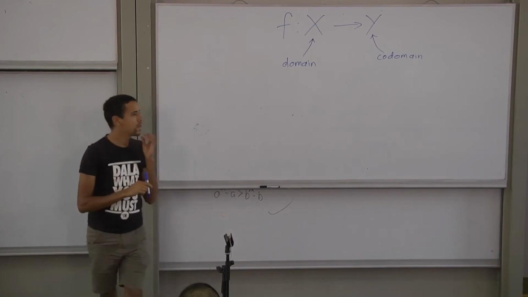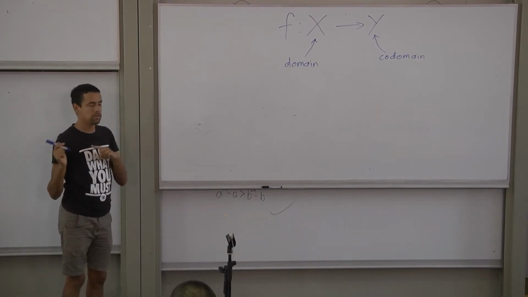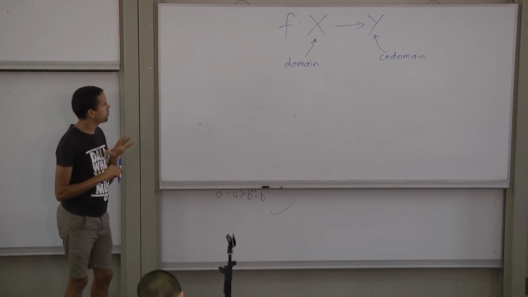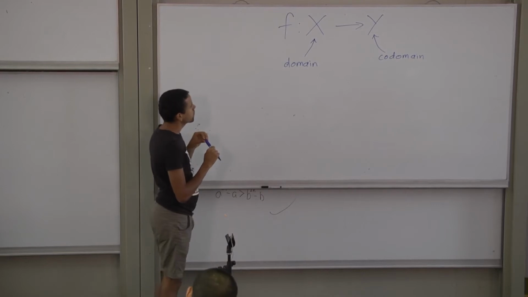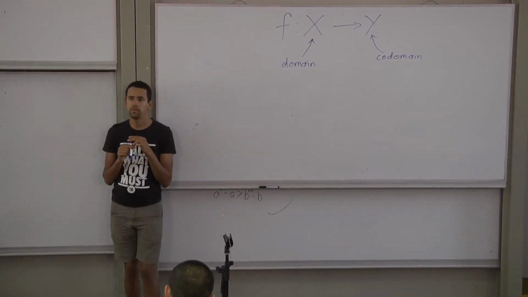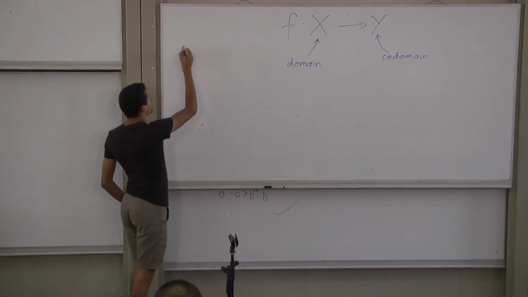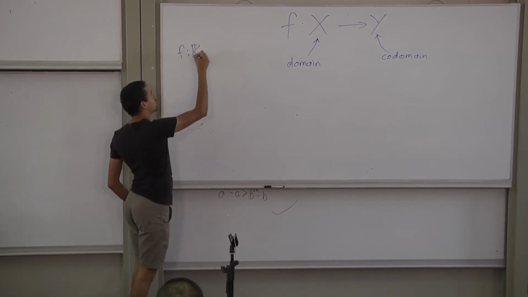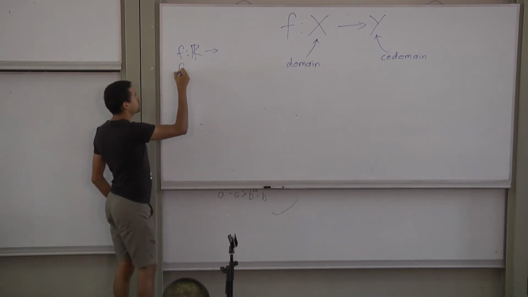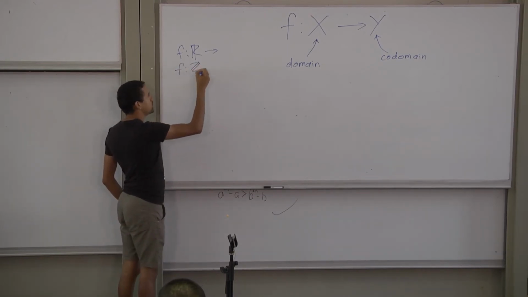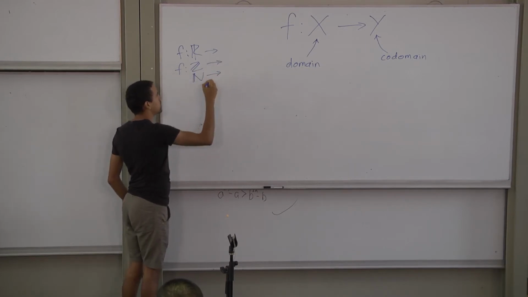Okay, now how do we use, no sorry, that was how to use the codomain. How do we use the domain? Well, most of the functionals you would get would either be a function from the reals to some other set, or functions from the integers or the natural numbers to some other set.